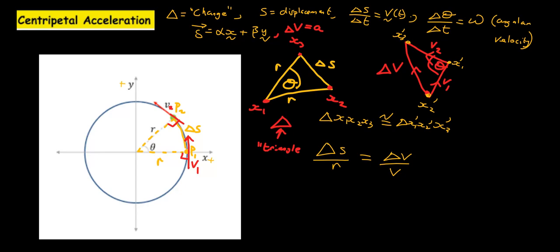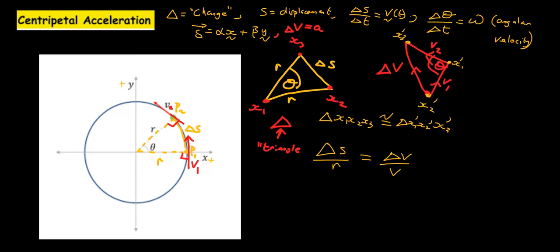So if we take the magnitude, they would be the same, but because velocity is a vector quantity, it changes when it's undergoing circular motion, it changes direction.